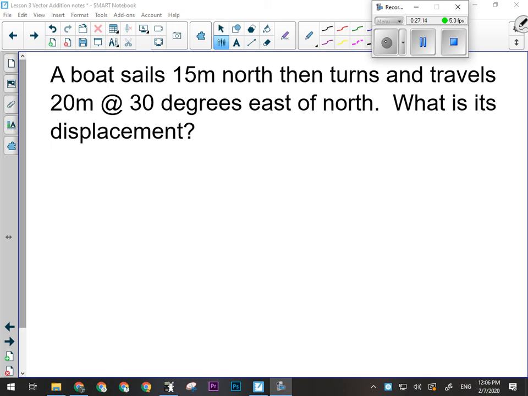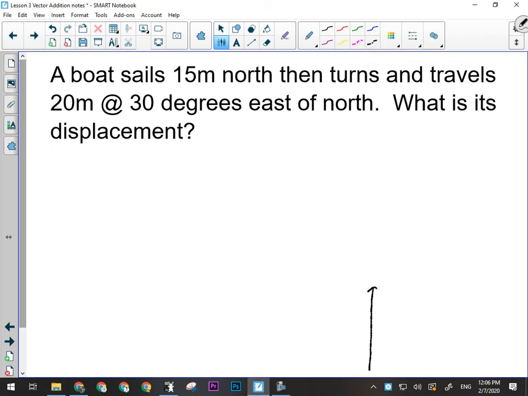Okay, so in this question here, we start out by going 15 meters north. Okay, so there's my 15 meters north. Then I go 30 degrees east of north for another 20 meters. So in order to draw that, what I do is I draw a reference line that's due north because I have to measure east from that line 30 degrees.